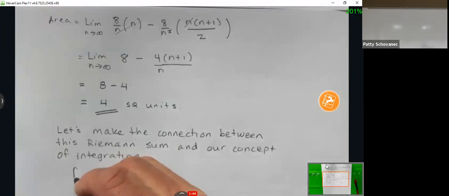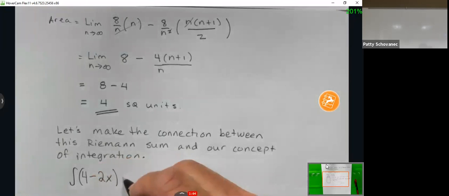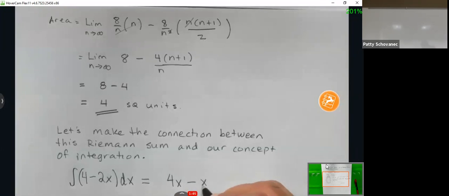I want you to find the antiderivative of the function we started with, which was 4 minus 2x. Remember, we can do this term by term. What did we take the derivative of to get a 4? 4x. What did we take the derivative of to get 2x? Just an x squared.